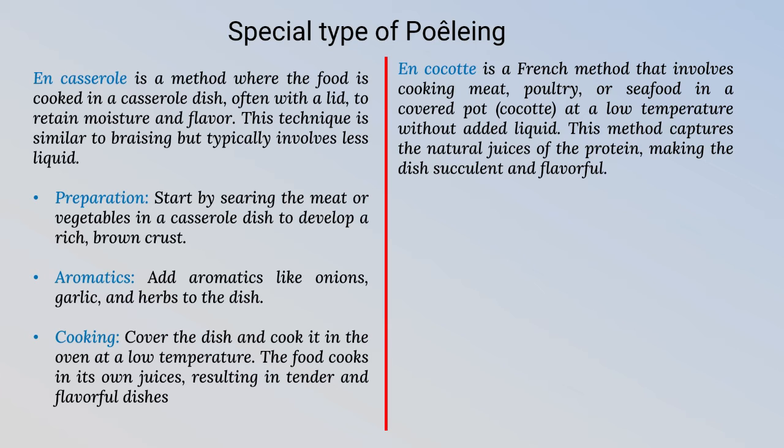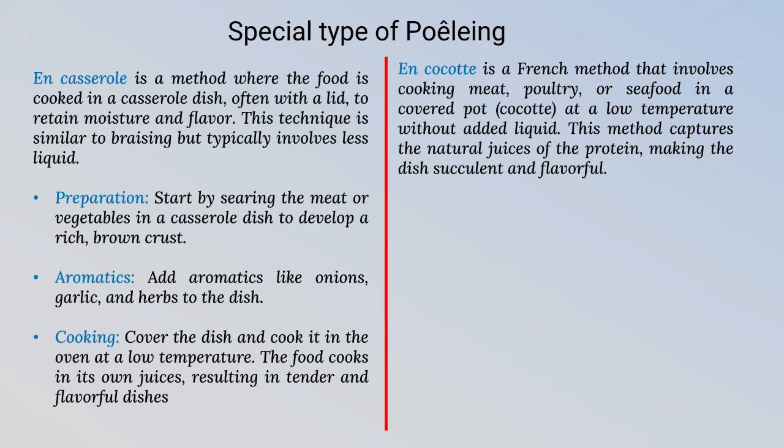It is a cocotte. It is a French method that involves cooking meat, poultry, or seafood in a covered pot, and the name of the pot is in this case called a cocotte, literally meaning cooked in a shell. Cocotte is cooked at a low temperature without added liquid.